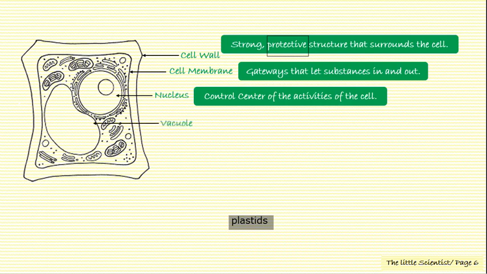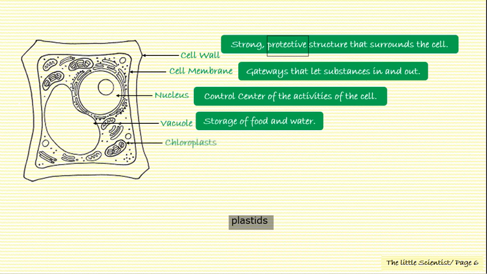The vacuole, here we have the containers. They store things in the cell. A plant cell shows one big vacuole, one large vacuole, while animal cells show small and several vacuoles. We have here the chloroplasts. What's the job of the chloroplasts?